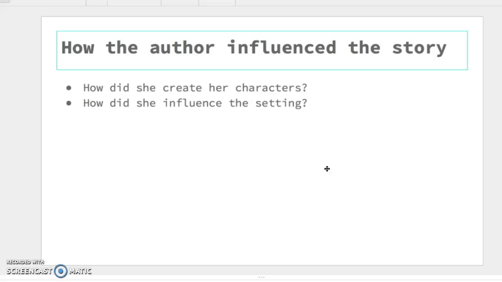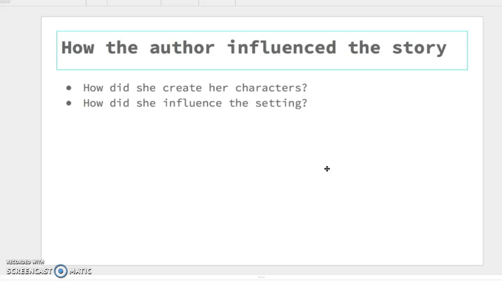Are they out to get revenge? Another thing I want you to think about is how she influenced the setting. Does she think that Omelas is the best place ever? Does she want Omelas to not exist?